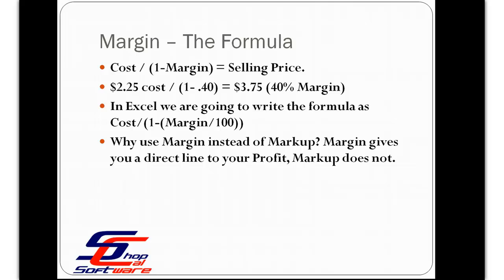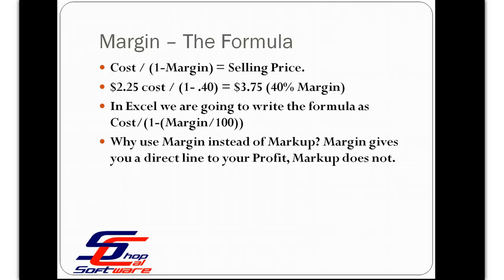Well, 0.40 is 40%. Most people, when you key it into your calculator or a spreadsheet, don't key in 0.40, you key in 40. So by taking that 40 and dividing it by 100 in the math formula, we turn it into 0.40.